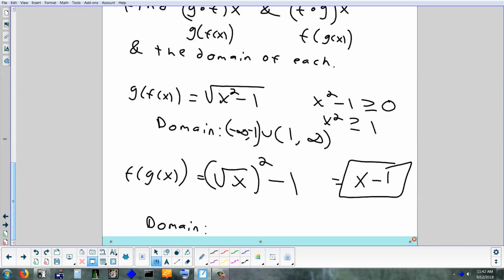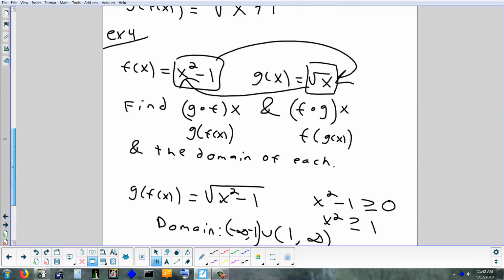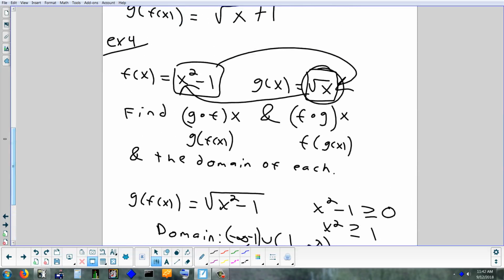Now the domain. Always start with the inside function. So Jacob, what was our inside function? G of x. Okay, g of x, if I go back up, is this. Are there any restrictions on g of x? Can't be negative.